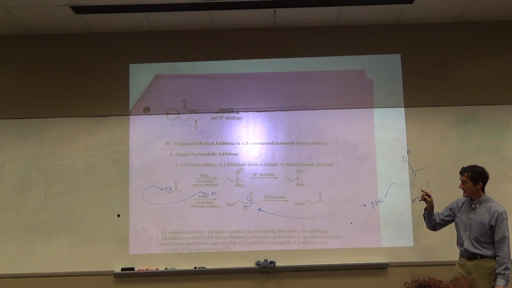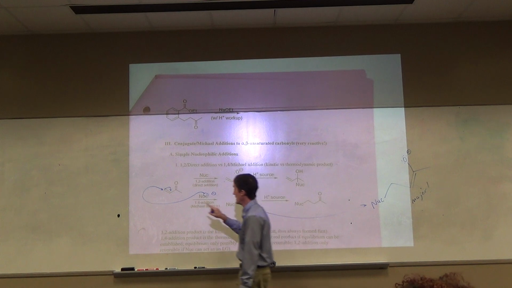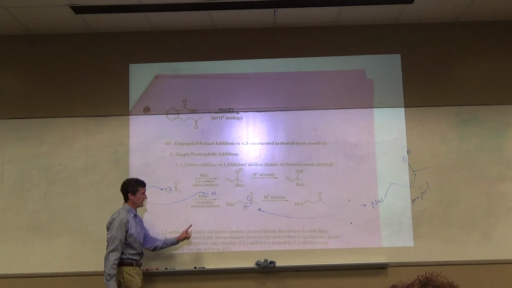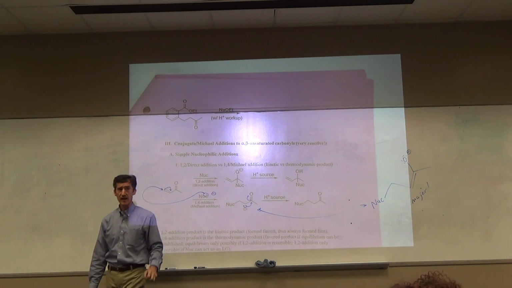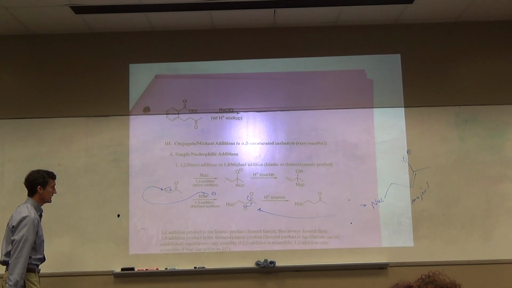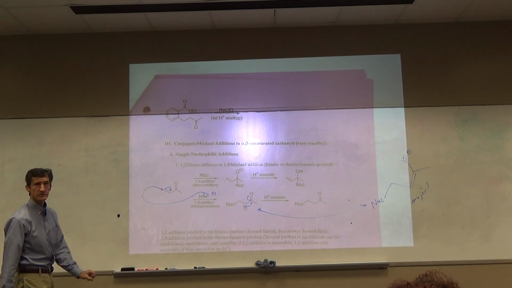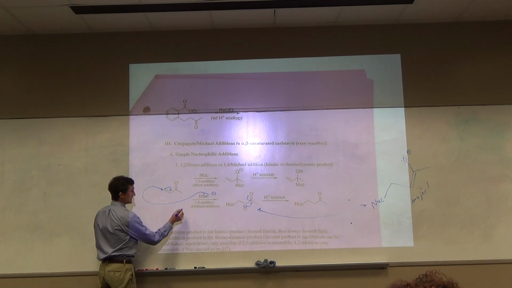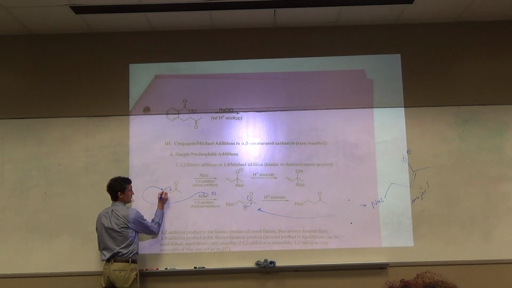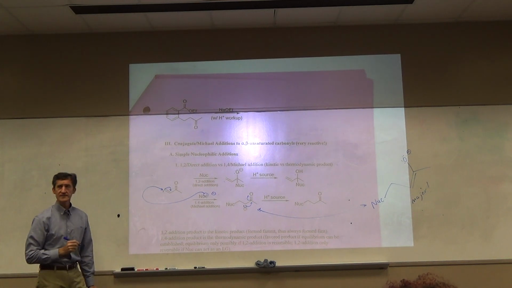Why are we able to add nucleophile here? Because you had an acidic H. What does it lead to? It leads to an enolate, which is stabilized enough to do this. Why is it called a 1,4 addition? Because if nucleophile adds here, let's call that 1, where do the electrons end up?